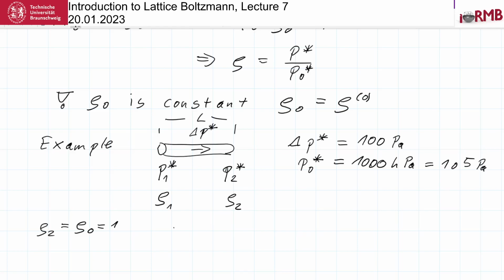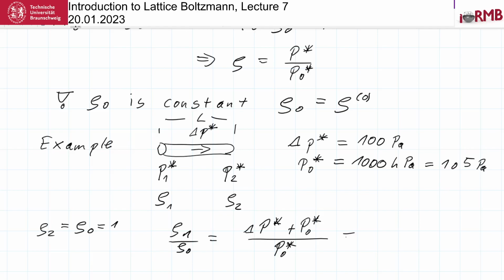And this means that rho 1 divided by rho 0, which of course is 1, is delta P star plus P 0 divided by P 0.